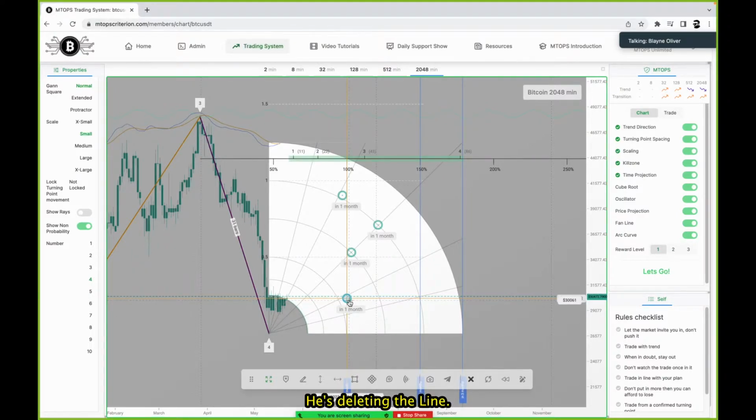He's deleting the line runners, all the areas as to where not to strike the ball, so that he has finesse accuracy as to where to strike the ball. So to that avail, we are looking to see where price is not going to go, to see where it's most likely going to go.